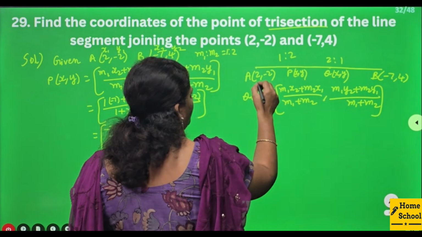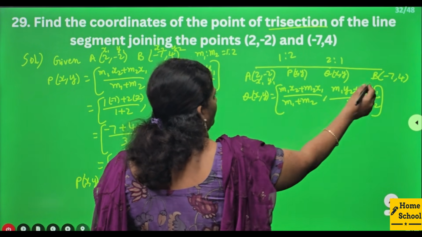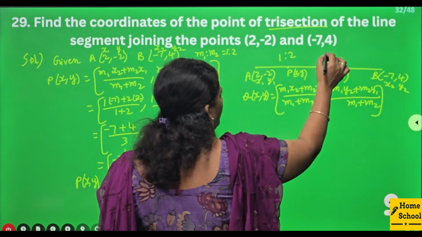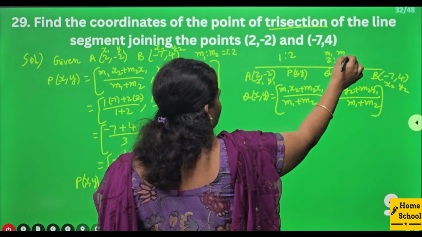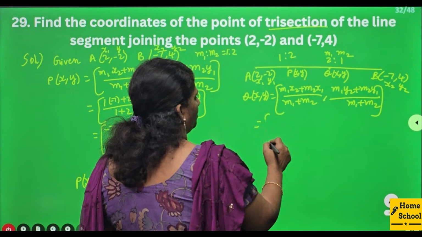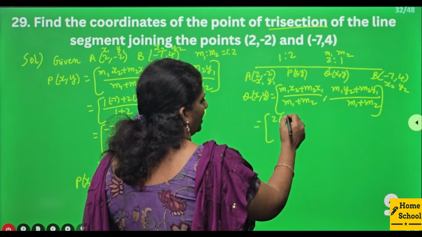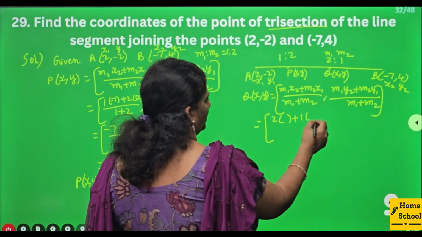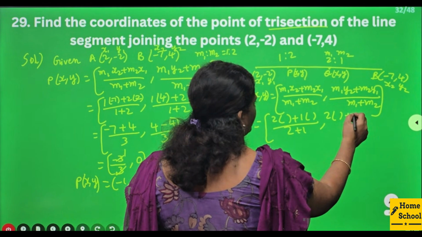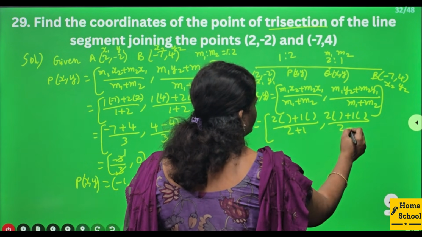Again in the same manner, x1, y1, x2, y2. In order to find the Q point, this is m1 and this is m2. Okay, substitute. m1, m2 we know, write it first: 2 into x2 plus 1 into x1 by 2 plus 1, comma, 2 into y2 plus 1 into y1 by 2 plus 1.